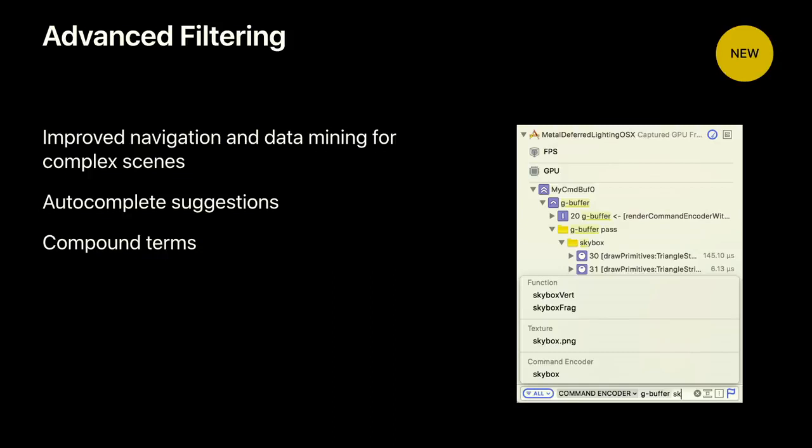Well, we've taken this to the next level this year with support for data mining throughout your captured frame. So now, when you type, we'll give you context-aware autocomplete suggestions. And we'll now allow compound terms. So now, if you search for a given encoder, and then you search for a texture, we'll only show you autocomplete suggestions for the textures that are actually used within that encoder.